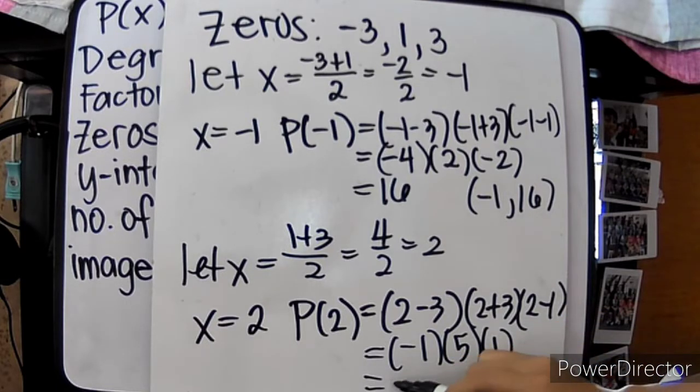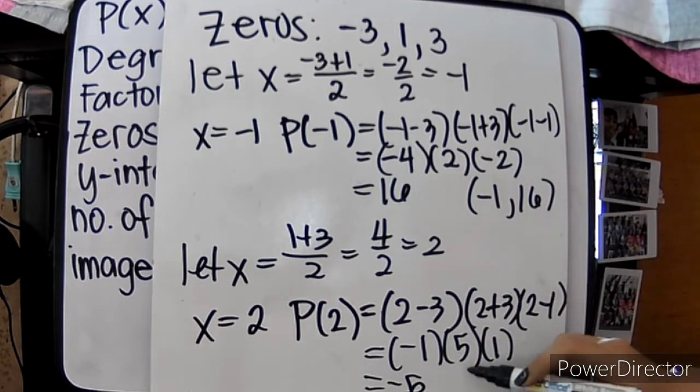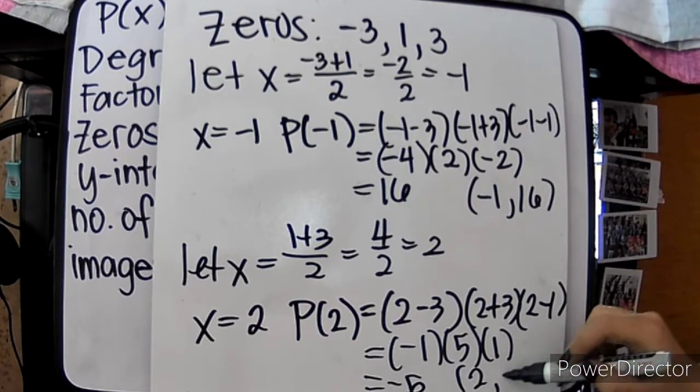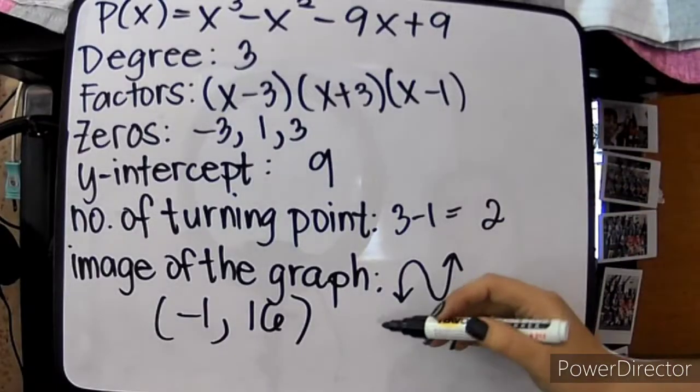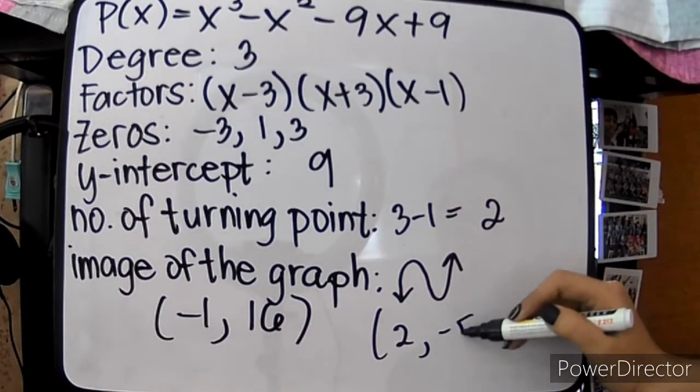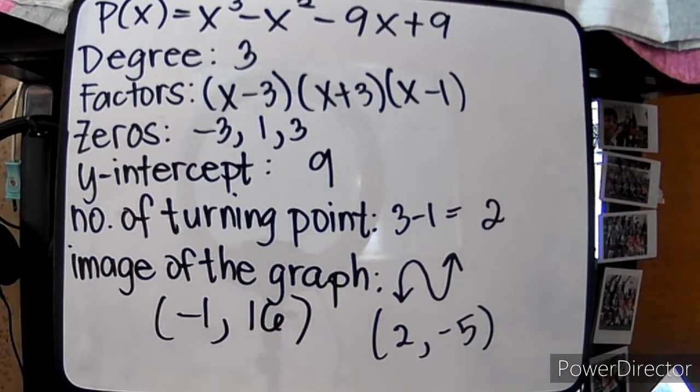So, this is negative 5. And our ordered pair is 2, negative 5. So, that is the details that we need in factoring a polynomial.